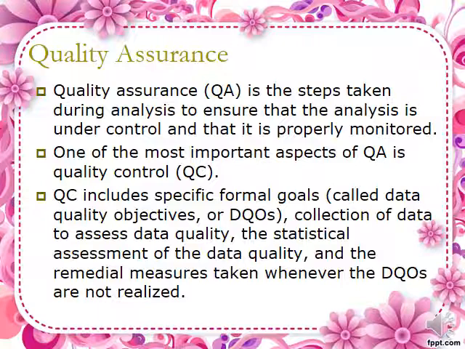So they will collect data to assess the quality of the data, and from there they do statistical assessment of the data quality, and if the statistical assessment is not up to the expected range, remedial measures must be taken.